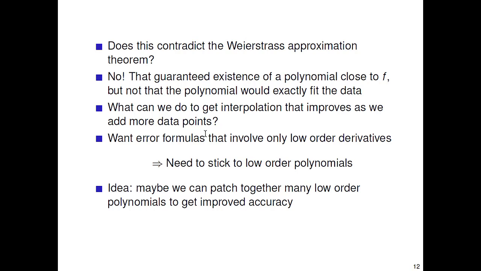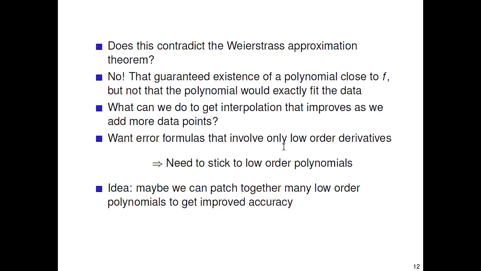If we could have error formulas that just involve lower order derivatives, these would be capped. If we said we're not going bigger than, say, a third derivative in our error formula, well, this has a uniform bound. We can multiply that by something that gets smaller and smaller. Dividing that by something like an n plus 1 factorial, that really will go to 0.